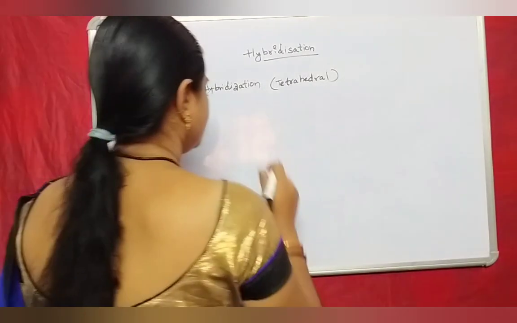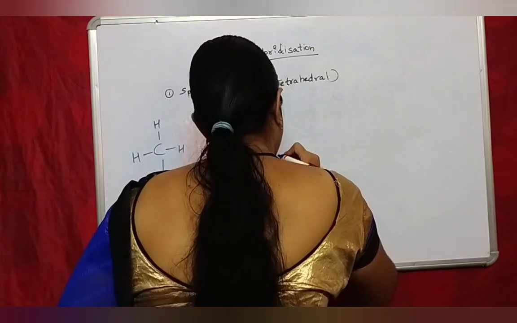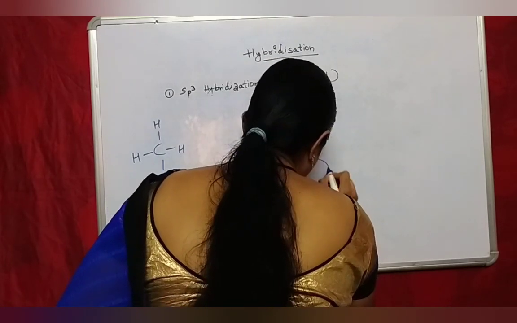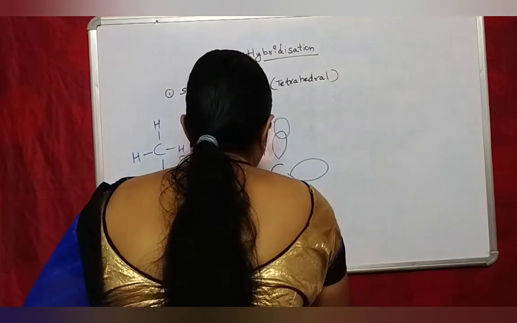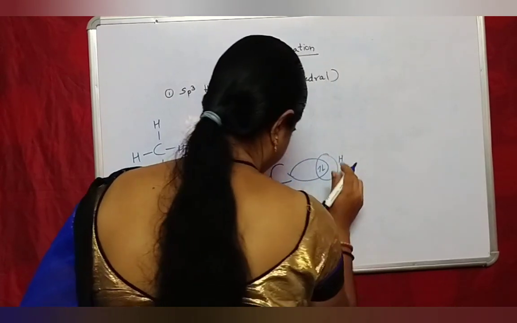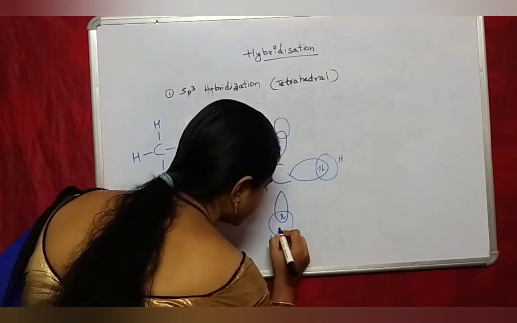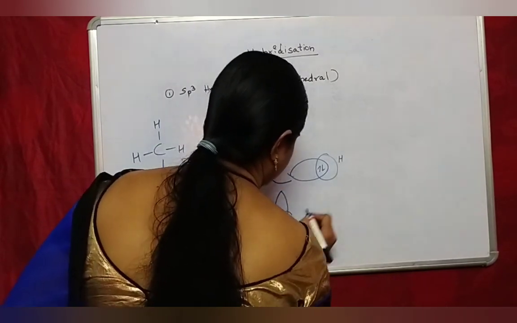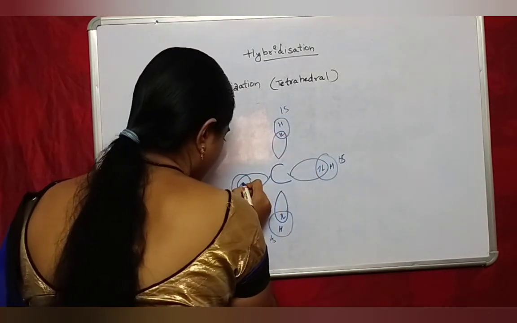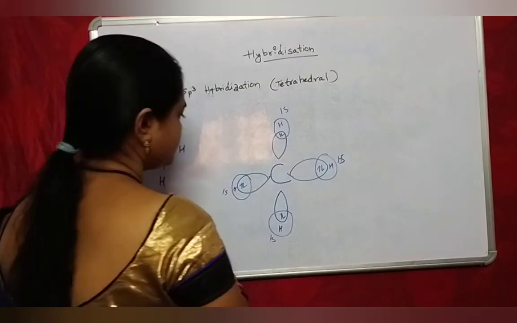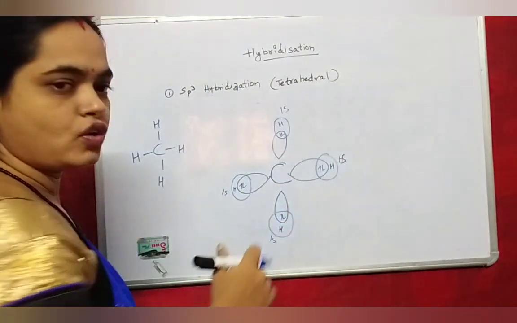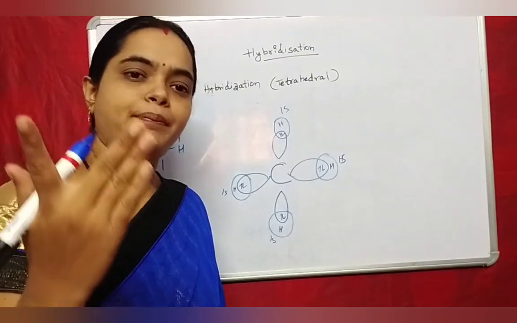Okay, see, in this methane the carbon has 4 orbitals, 1 s orbital and 3 p orbitals.